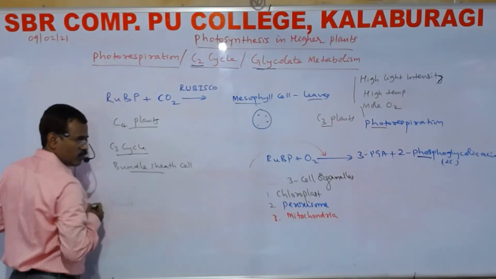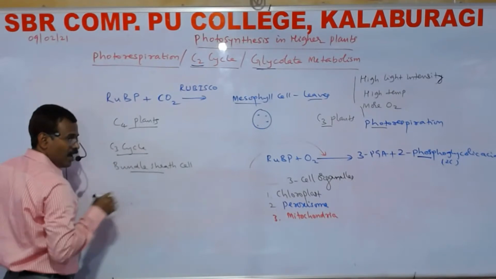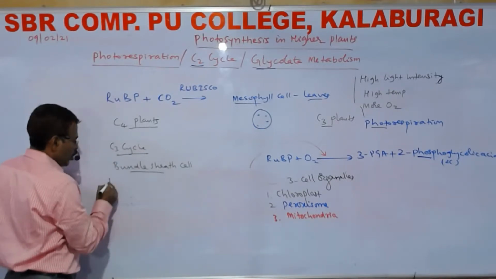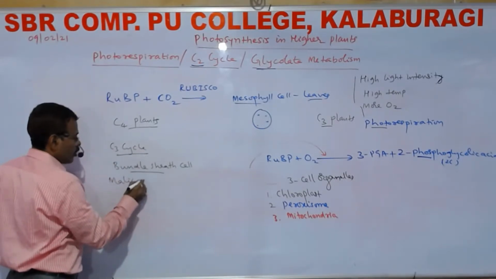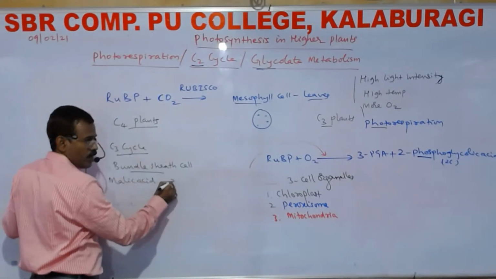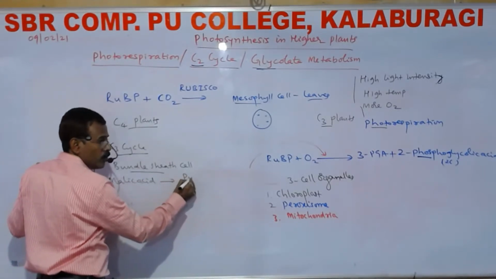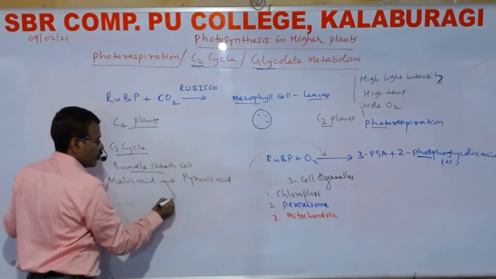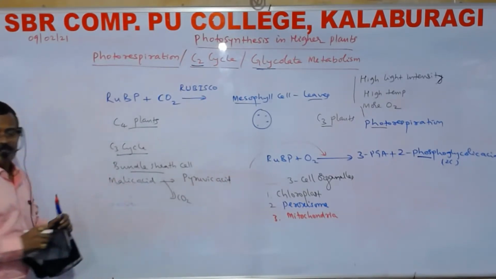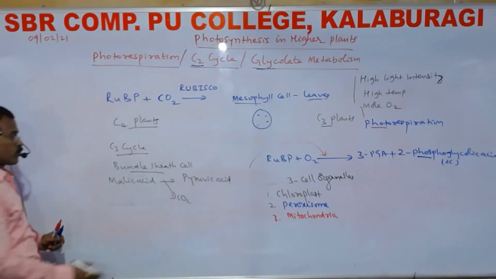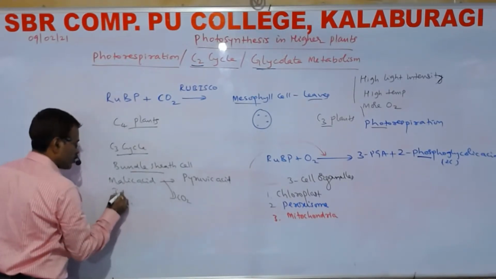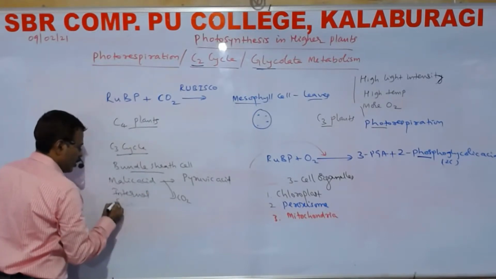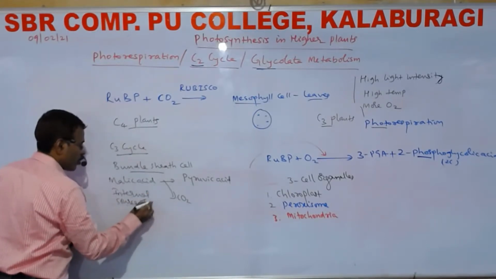In the bundle sheath cell, there will be a decarboxylation reaction. Malic acid is decarboxylated into pyruvic acid. This is an internal source of carbon dioxide.